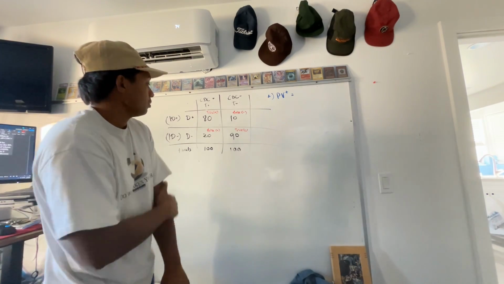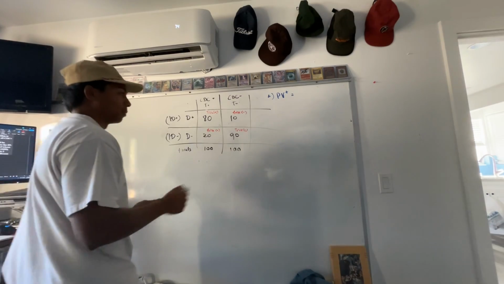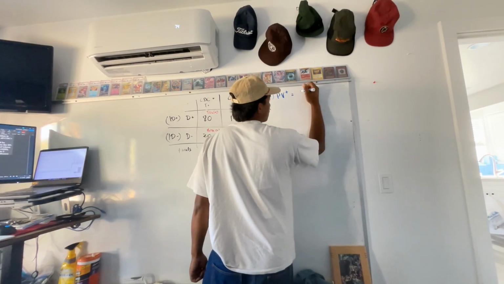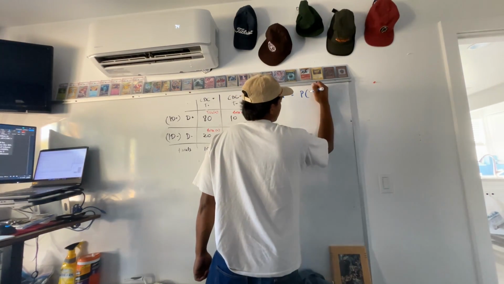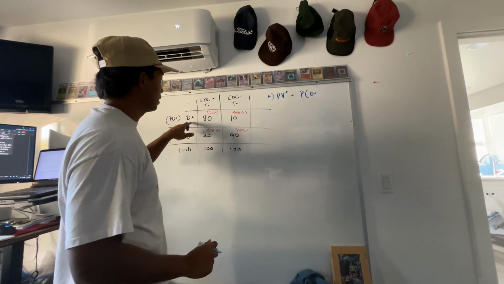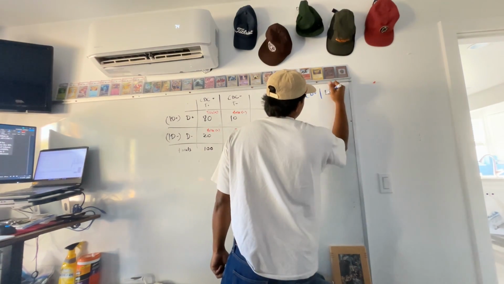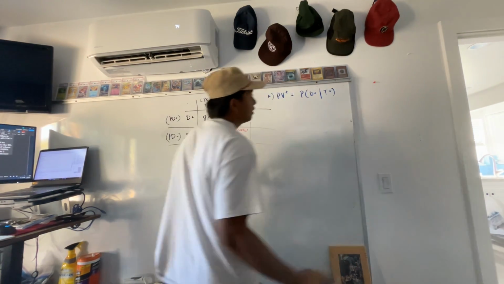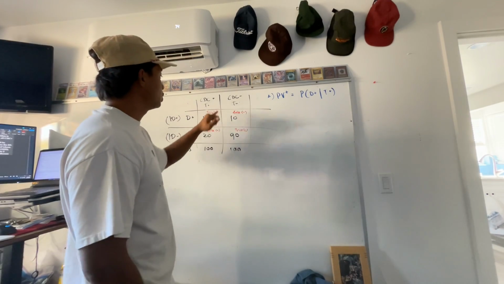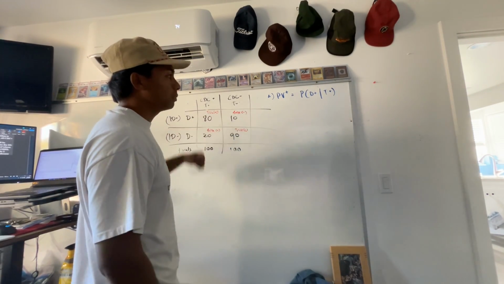Another way to say that is the probability of the disease being positive, how many are truly positive, given that the test is positive. So assuming that test positive occurs, how many of those are truly positive?